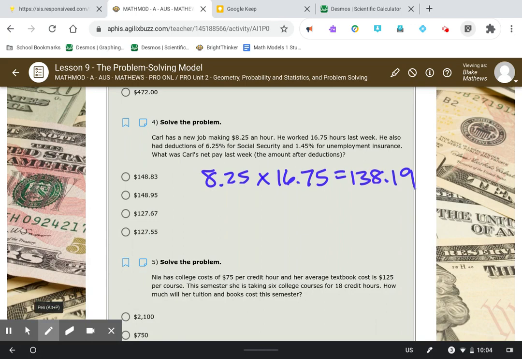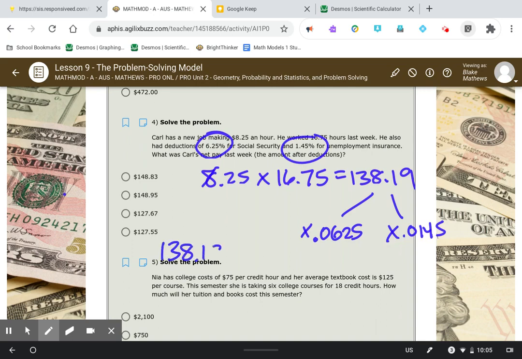There are two deductions. We need to multiply that two different ways. You need to multiply it times 0.0625 for the percent of Social Security, and then again times 0.0145 for the unemployment insurance. And then those two things need to be subtracted from the original. So we're going to do 138.19 minus each of those.